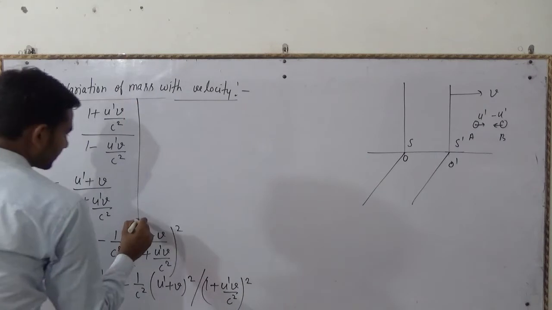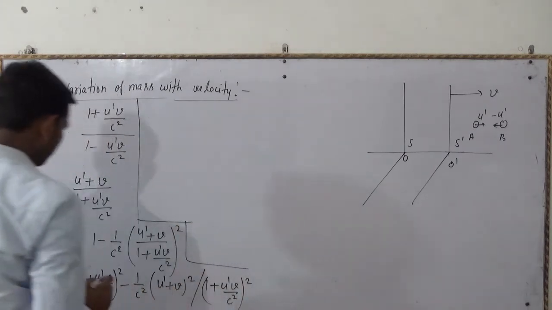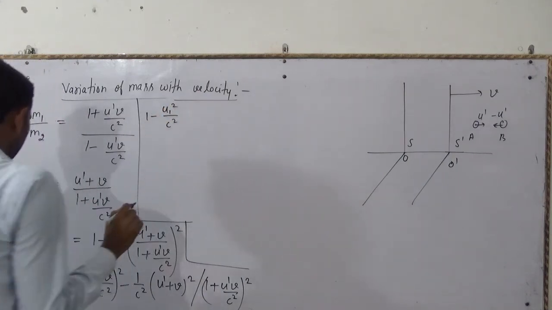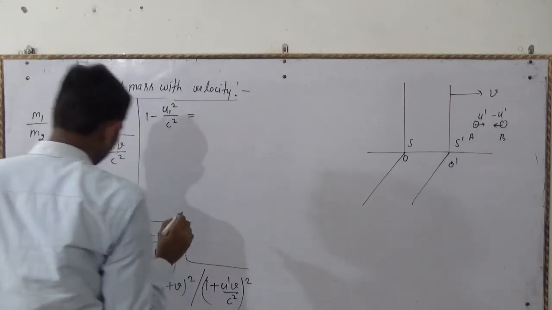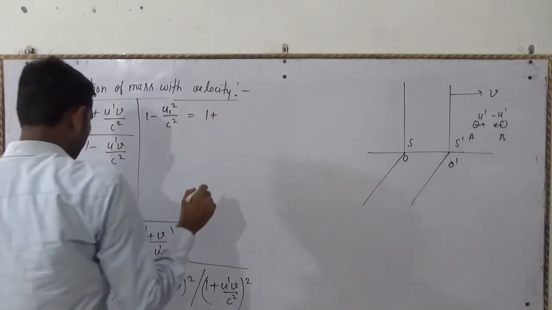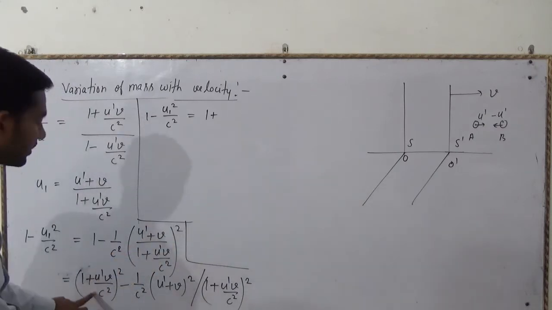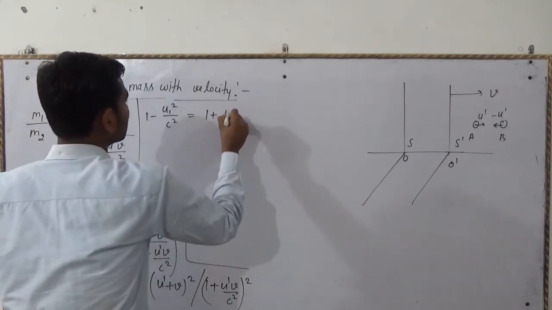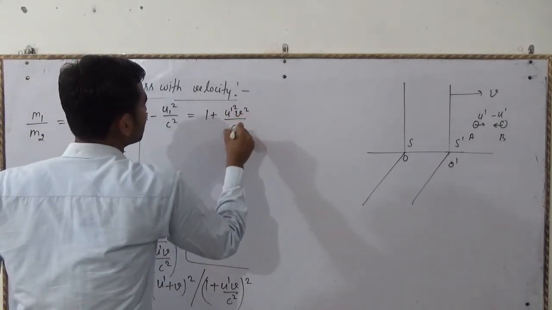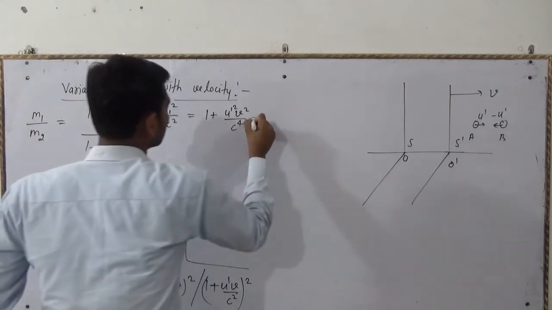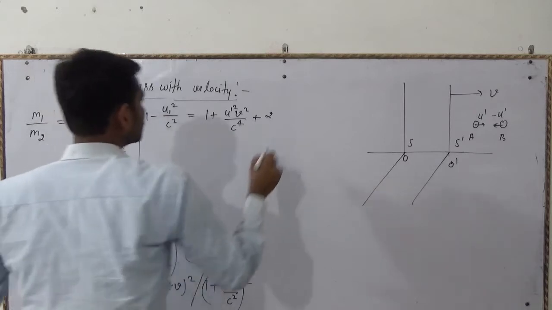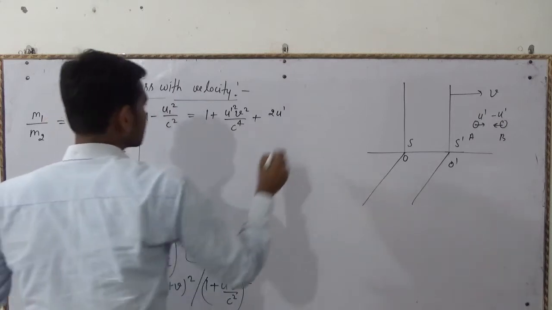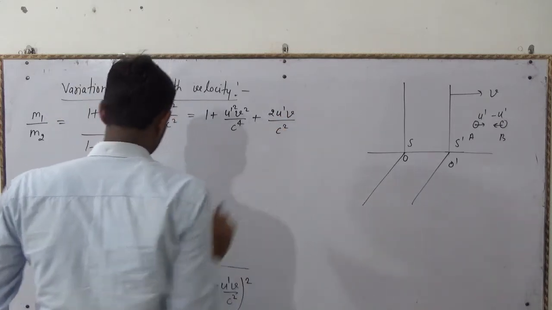Now after simplification we can write 1 minus u1 square by c square is equal to 1 plus, here we can expand by the formula a plus b to the whole square, so we find 1 plus u dash square v square by c4 plus 2 u dash v by c square.